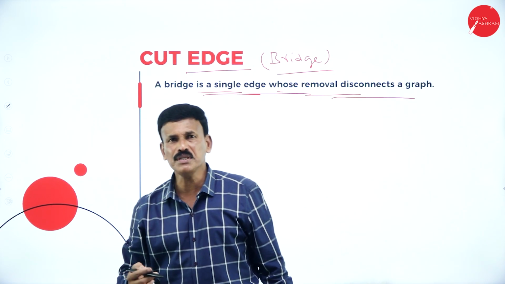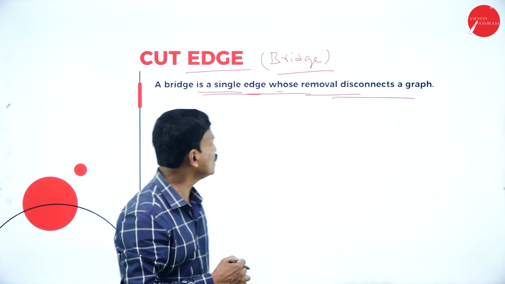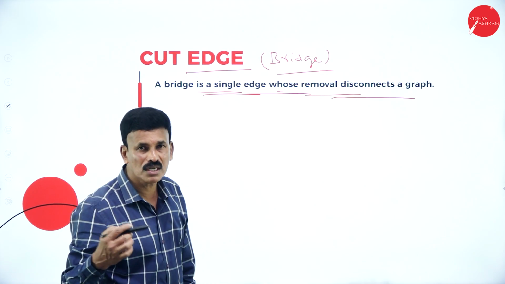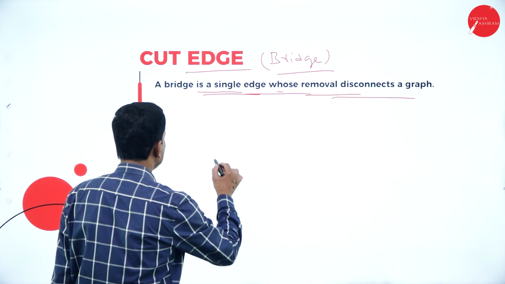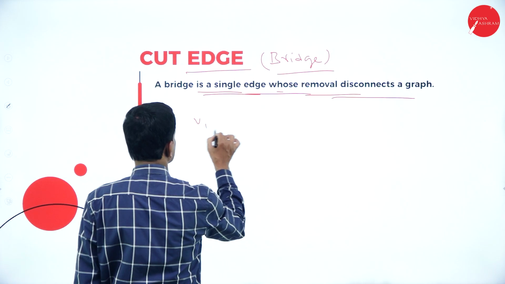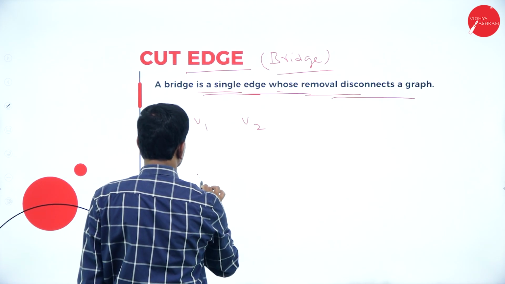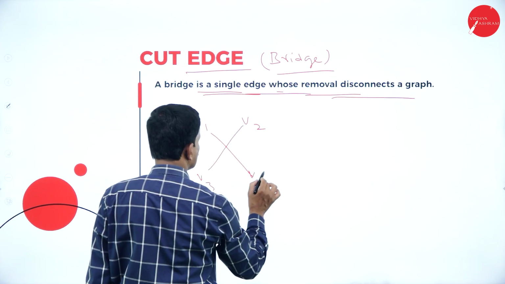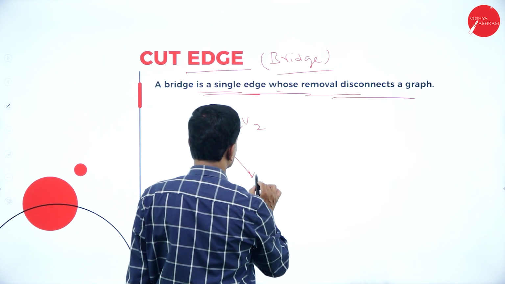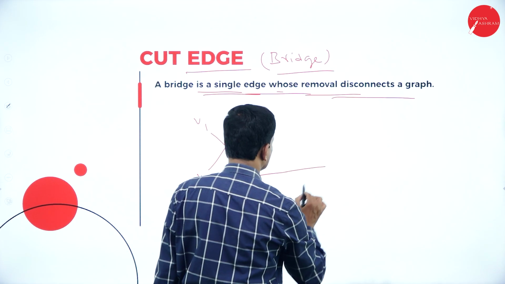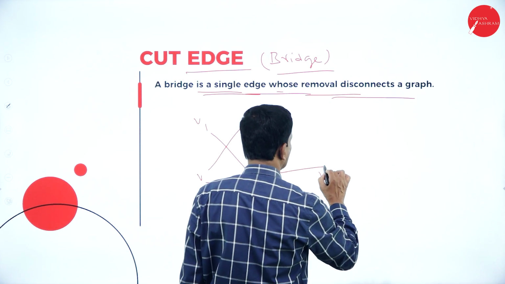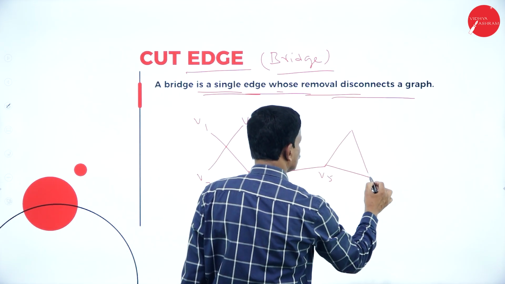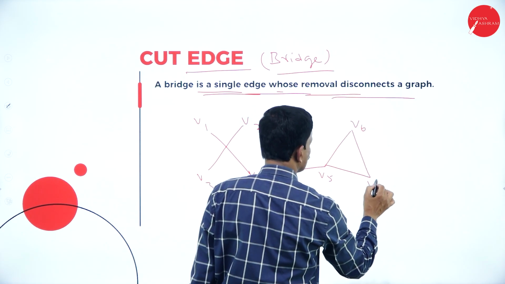Now let me explain how to remove an edge from the graph with a small example. Let us consider V1, V2, V3 and V4. These are the four vertices. Now let us write one more vertex V5, V6, V7.